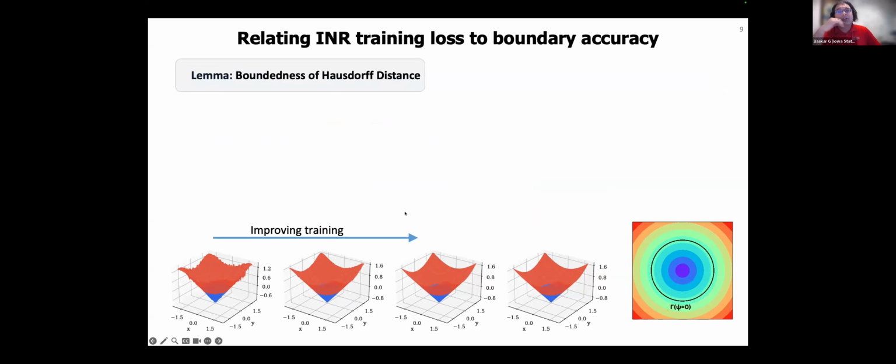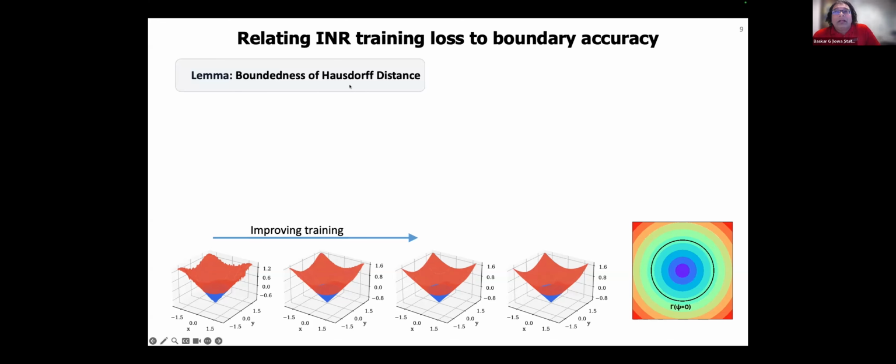So then we asked ourselves the question: if I have a neural level set, the zero of the neural level set essentially defines a geometry. It might be slightly off from the true geometry, and that's the distance between the zero level set of my implicit neural representation and my true boundary.